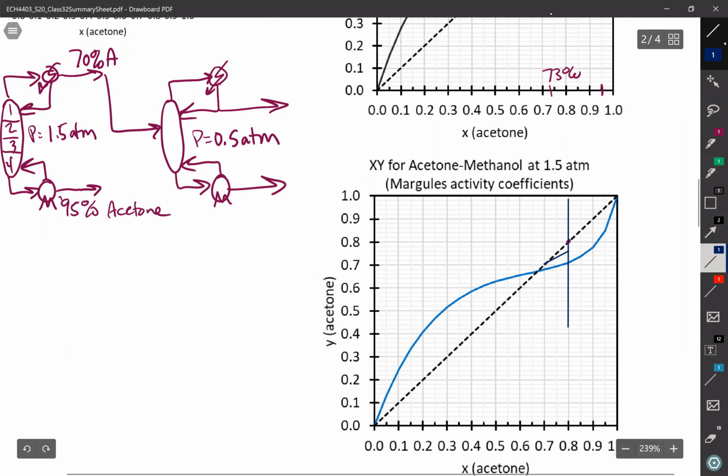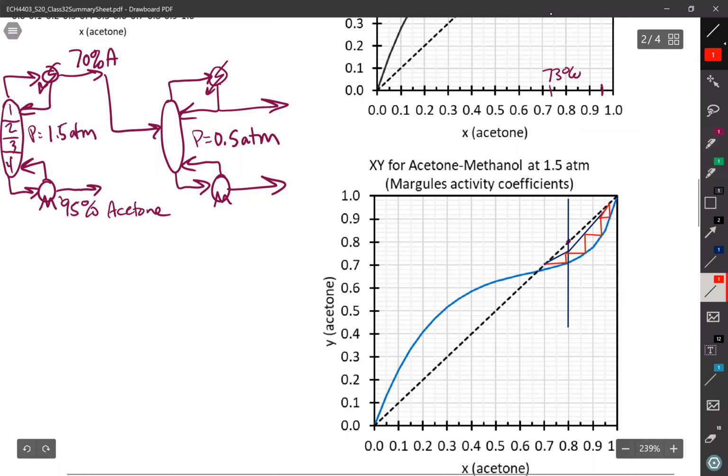That's usually where XD is. And that's because we are working with an upside down distillation column. And now I can stage step as usual. So 1 stage, 2 stages, 3 stages, and 4 stages. That's not too bad. Whoops, did the wrong one. That's not too bad. I overshot it a little bit.